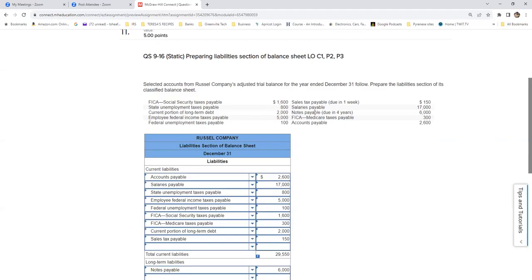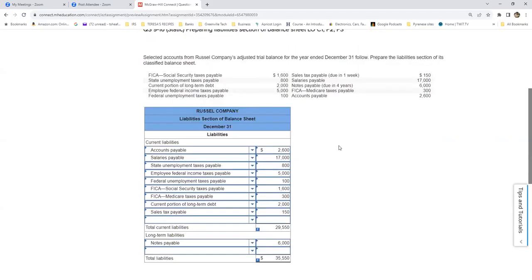Note payable due in 4 years, that will go under long-term liabilities. Well, they have current portion, current meaning less than a year, I'm sorry. What I told you first was wrong: the current portion of long-term debt will go under current liabilities. Keyword was current, I should have picked up on that. So 9 of these will go under current liabilities, and the one note payable due in 4 years will go under long-term debt.